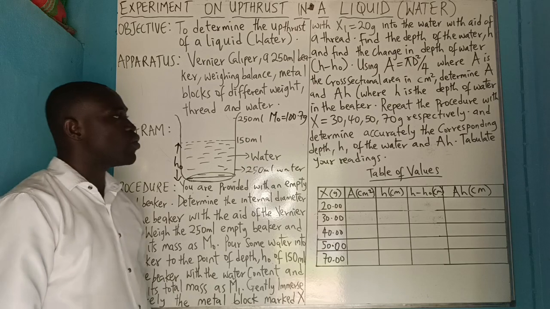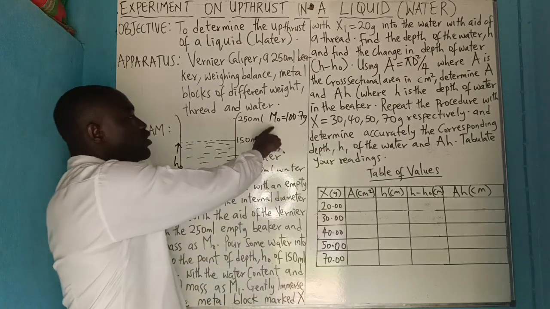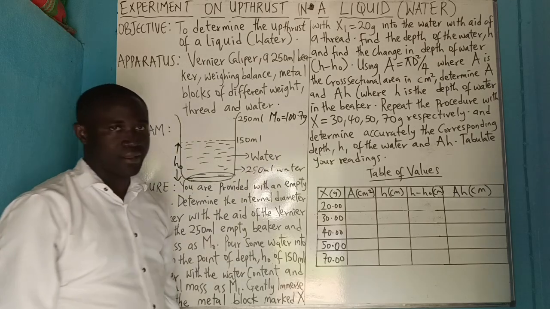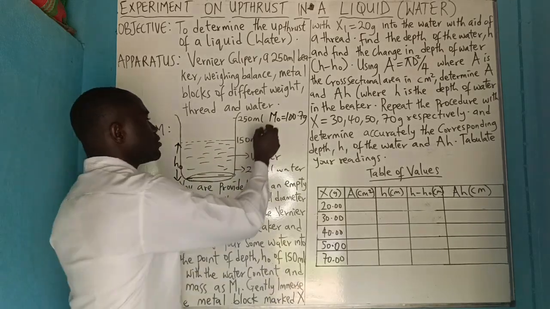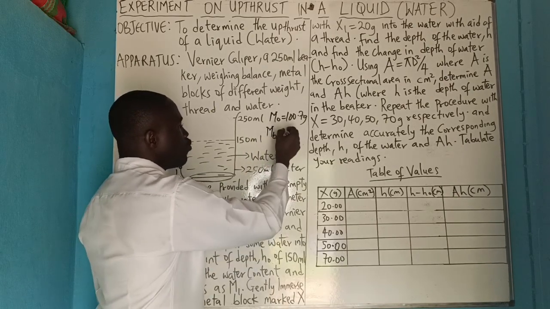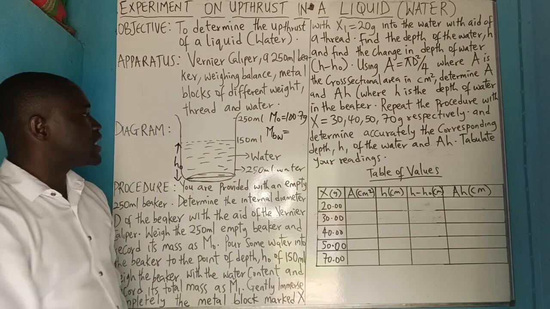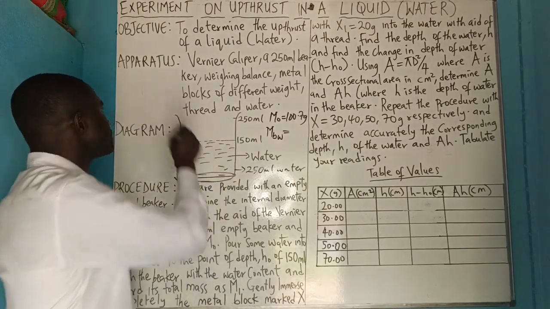Because we want to perform this experiment without touching the apparatus, as you have known the mass of the beaker, the implication is that the mass of the beaker and water will be equal to, since the water is 150 ml, there are some conversions you need to note.